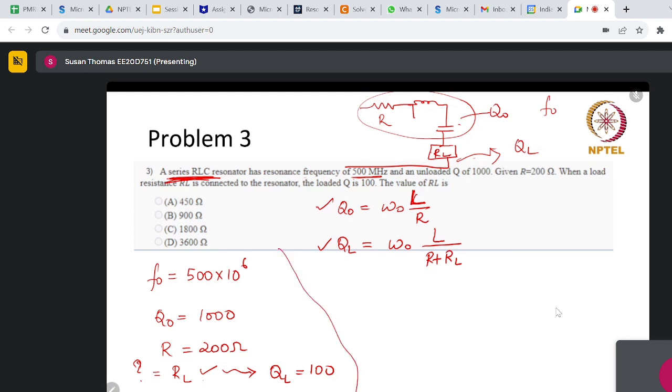So what is equal to omega naught L upon R? By that, omega naught L I can evaluate. Okay, so you are saying like from the first expression you find out L and then resubstitute, yes? Yes, ma'am. Okay, so yeah, that is one way of doing it. The other way of doing it is take the ratio of these two, Q naught to QL.